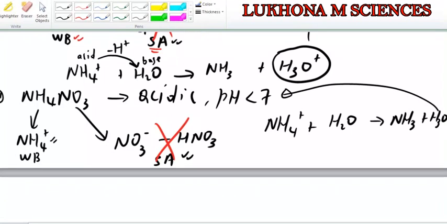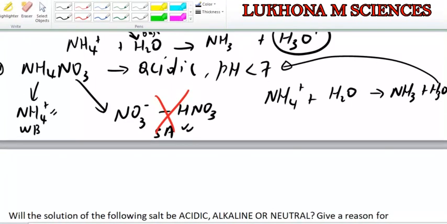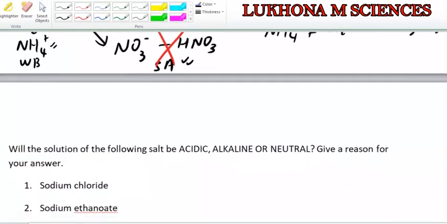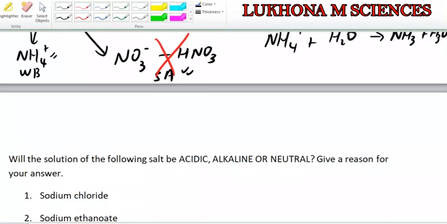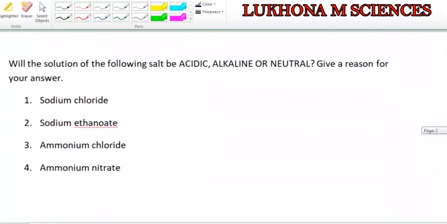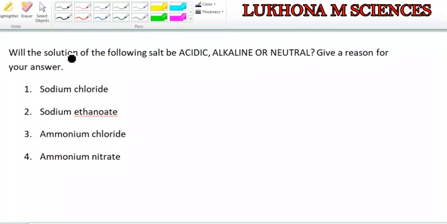Let's look at another example. Will the solution of the following salt be acidic, alkaline, or neutral? Give a reason for your answer.